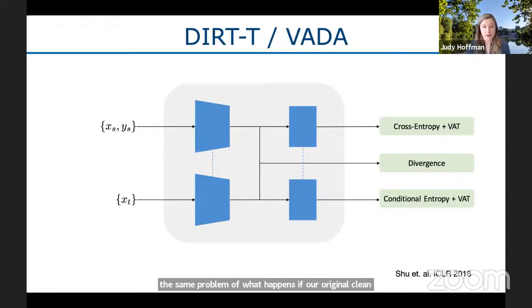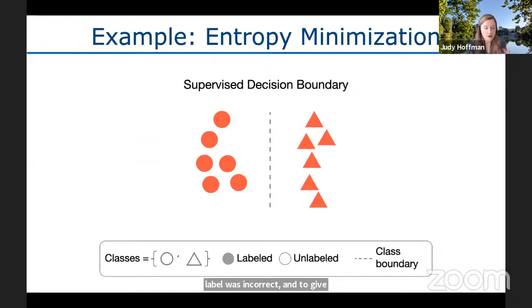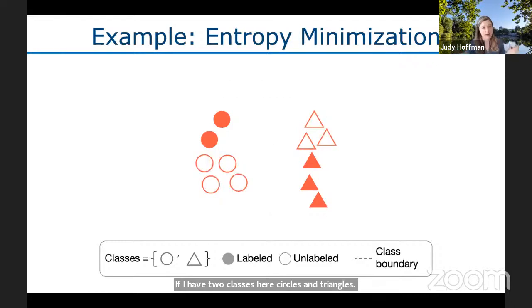And to give you an example of how this might happen more broadly, just a simple example for semi-supervised learning: why would my original labeling sample be incorrect? If I have two classes here, circles and triangles, and everything is labeled, I can learn a decision boundary that classifies everything correctly. But if I have only the filled in points labeled, I might learn a different classifier.